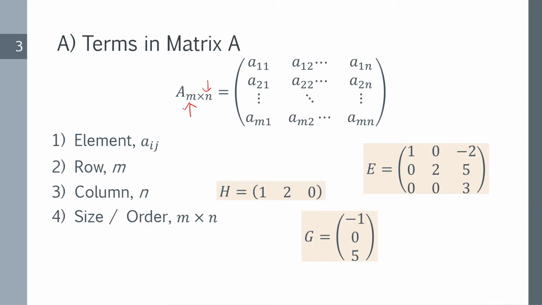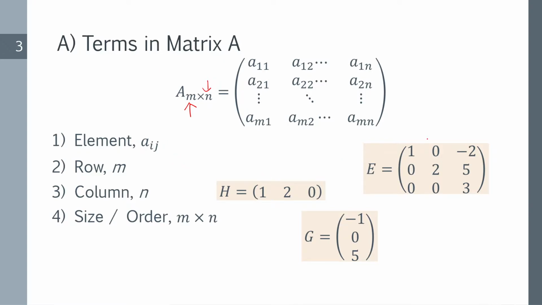If our matrix uses the capital A, then normally one element uses a small letter a. We also use the same way of numbering it. The i stands for the row, and the j stands for the number of the column.